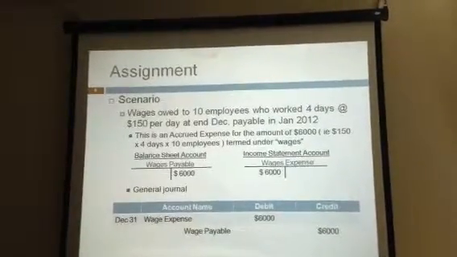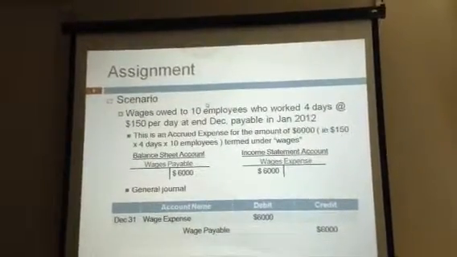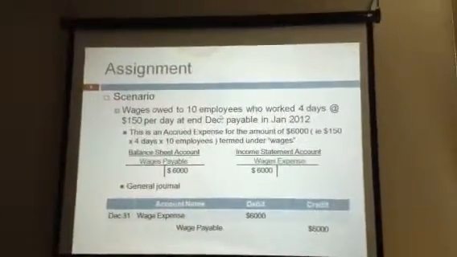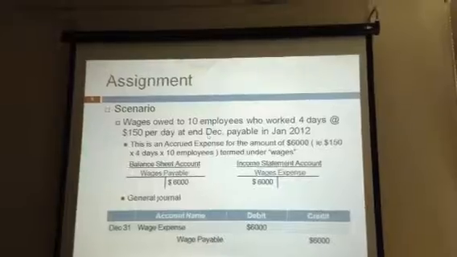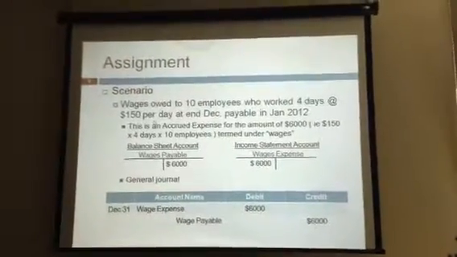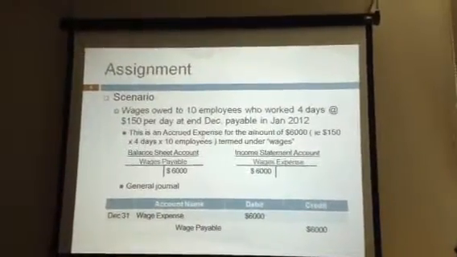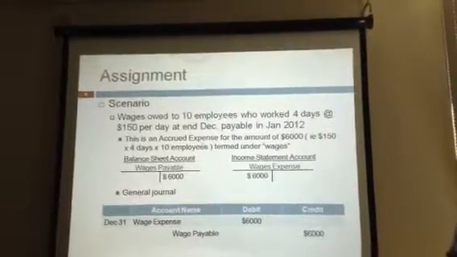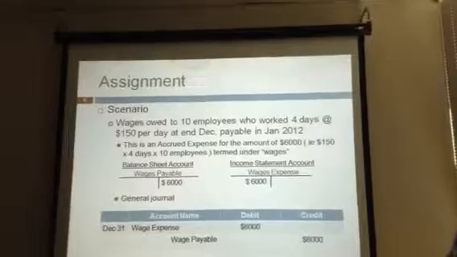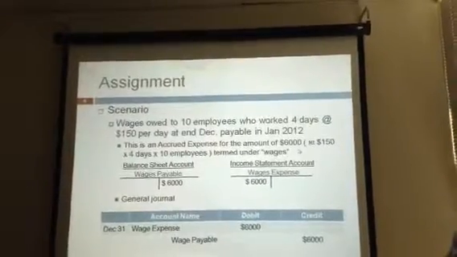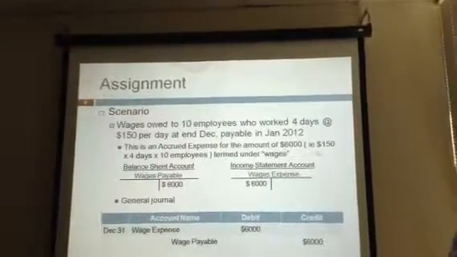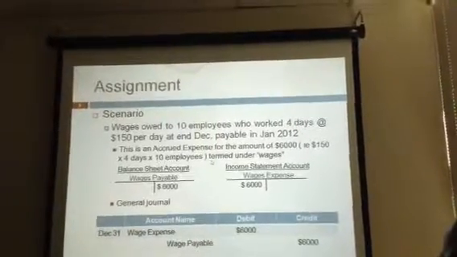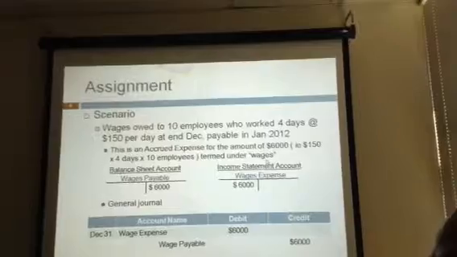In the second scenario, for wages, there are wages owed to 10 employees who work 4 days, each day at $150, at the end of December, but payable in January 2012. So this is considered an accrued expense, and the amount is $6,000, derived from $150 per day multiplied by 4 days by 10 employees, and it's termed under wages.